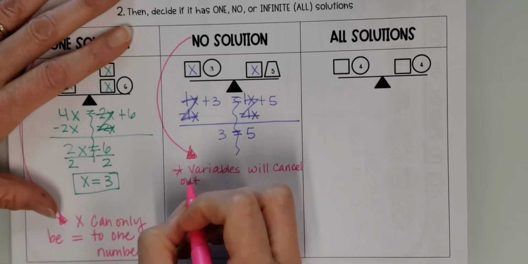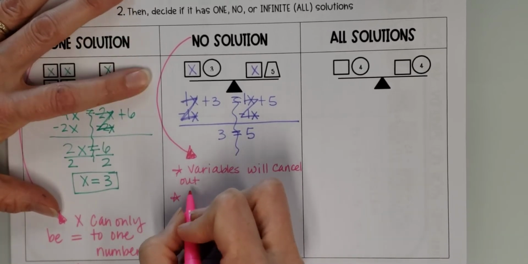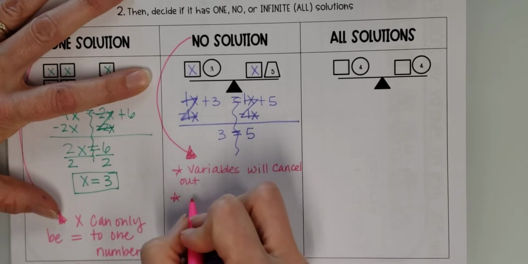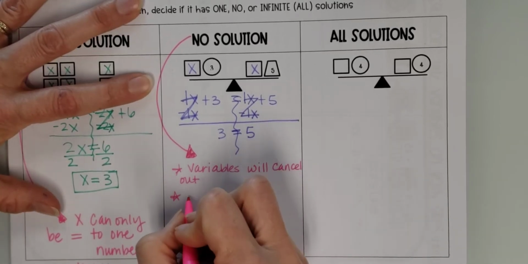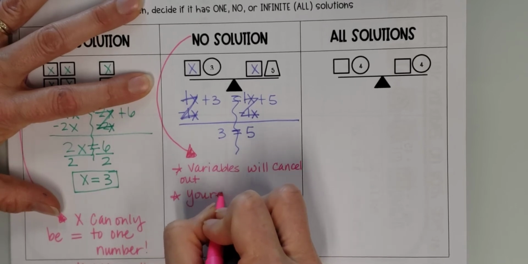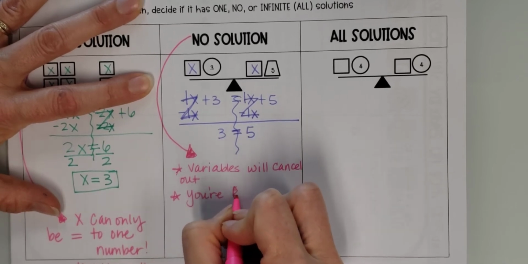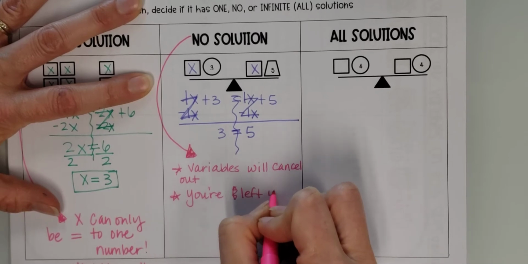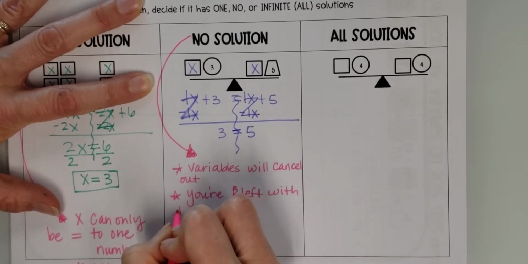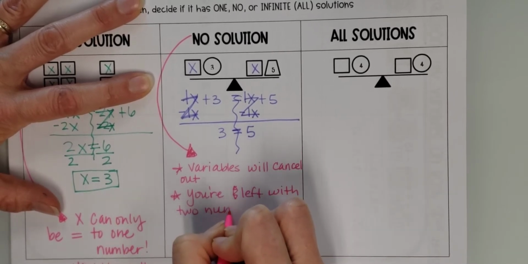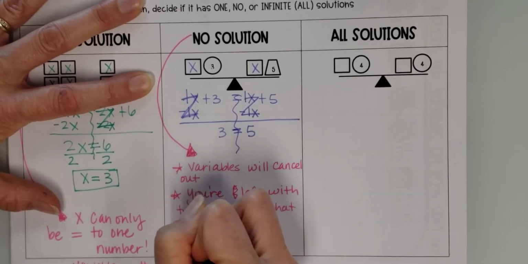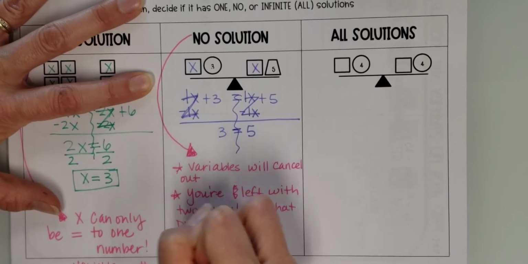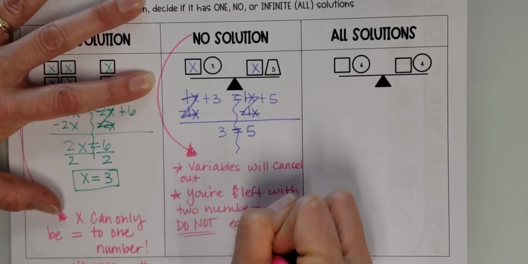Then what happens from there is that you are left with, oh my gosh, I just can't write today, two numbers that do not equal each other.